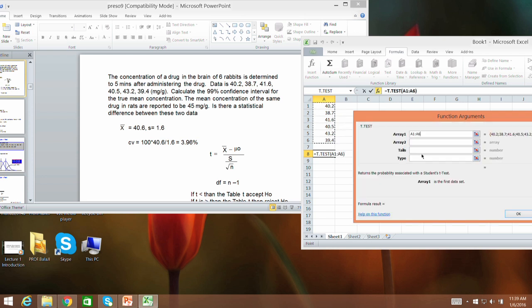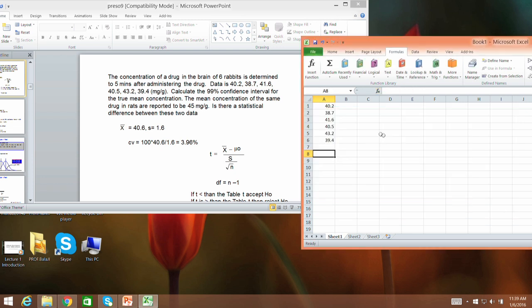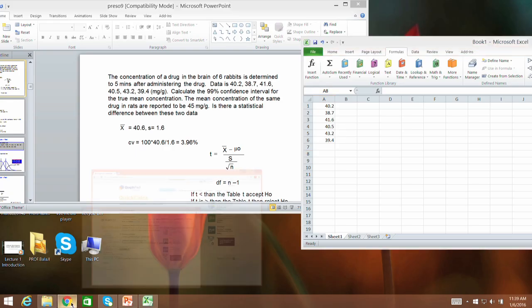Then array 2, here we give the 45, we give a two-tailed test, and then here we give a paired or two sample t test. Of course, as you can see, unfortunately we cannot do this type of calculation in Excel, but we can use other software.